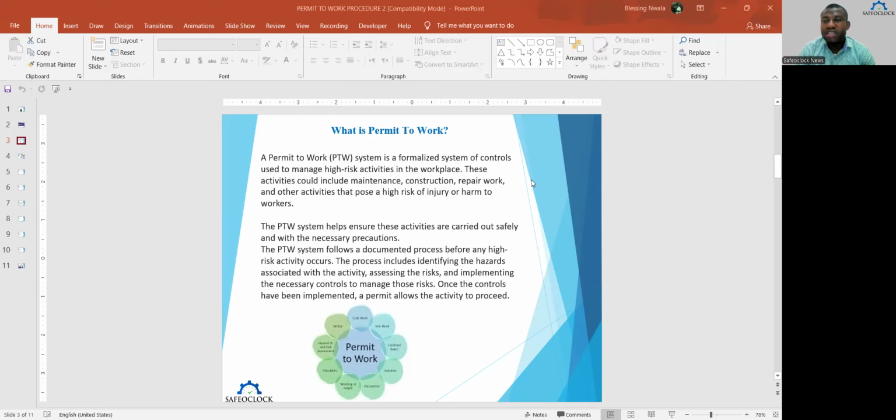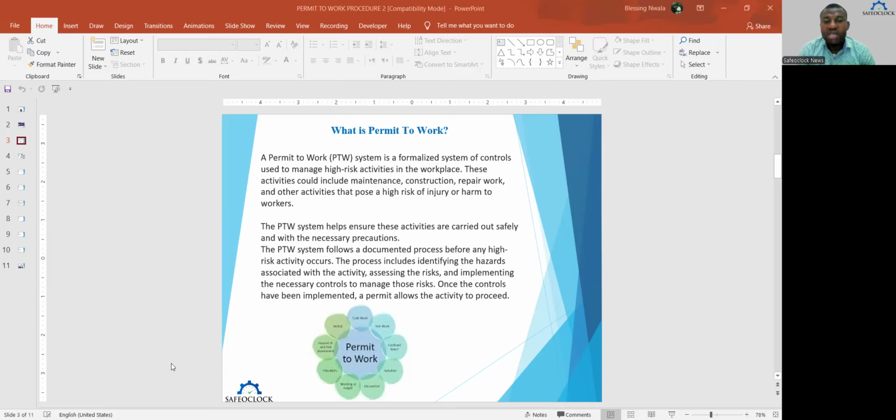These activities could be maintenance, construction activities, repair works, confined space, work at height. All manner of high-risk activities are controlled using permit to work.